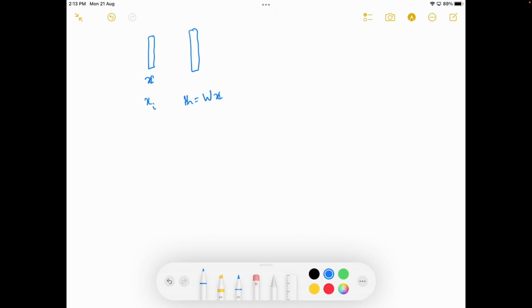W is a matrix. So what is the size of my x? Let's say the size of my x is n0, like it is n0 cross 1. What will be the size of h? Let's say it is n1 cross 1, a vector of length n1.